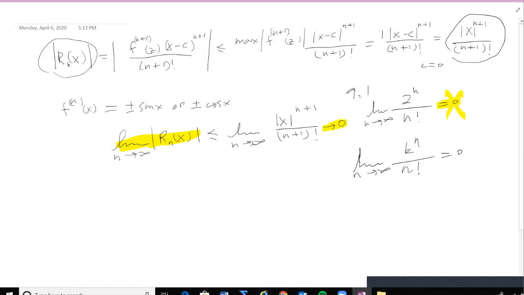That series, the sum of minus 1 to the n, x to the 2n over 2n factorial, converges for all x.